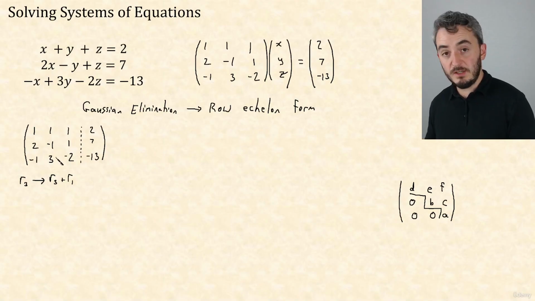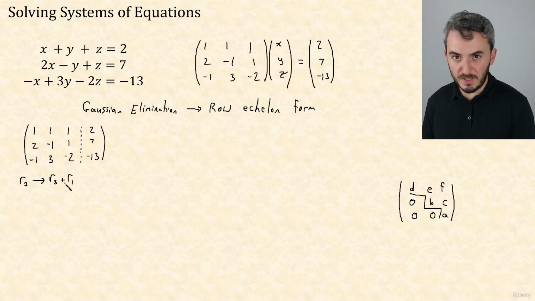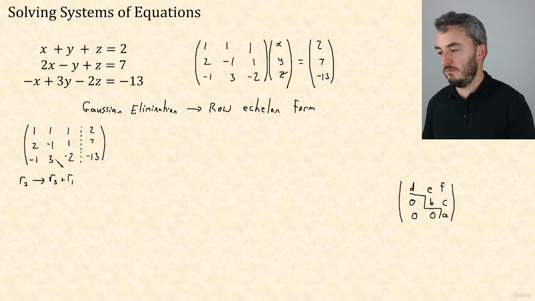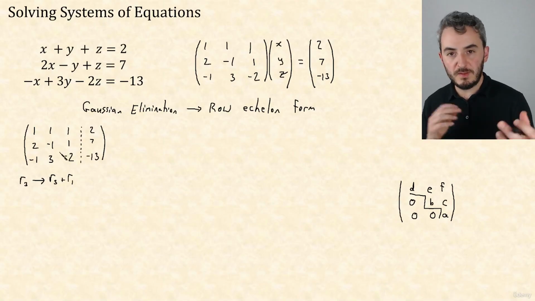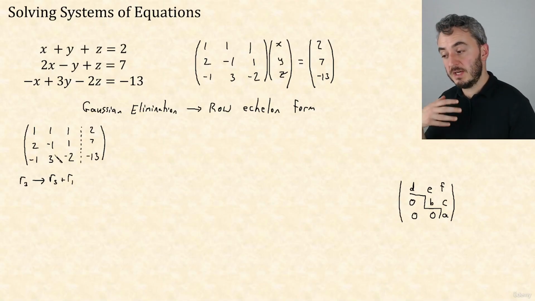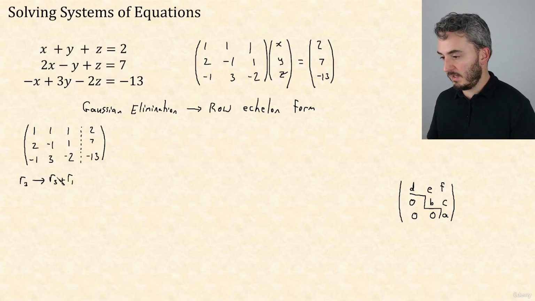Now, you can do any sort of combination you like as long as row 3 doesn't disappear. Right? If I just replaced row 3 with row 2 minus 2 times row 1, well, the information from row 3 is gone. But as long as I never totally get rid of it, the information is preserved.